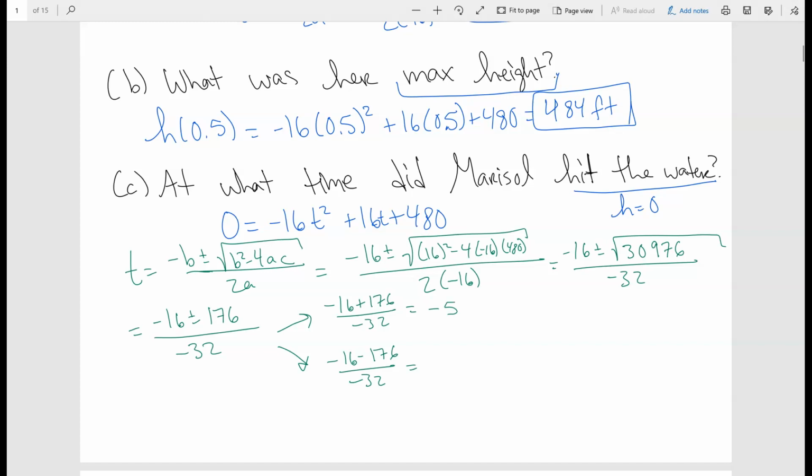And the bottom one, negative 16 minus 176 divided by negative 32, is going to give me a positive 6. Now, which one do you think is the one that makes the most sense? Well, does it make sense for her to be negative 5 seconds into the water?